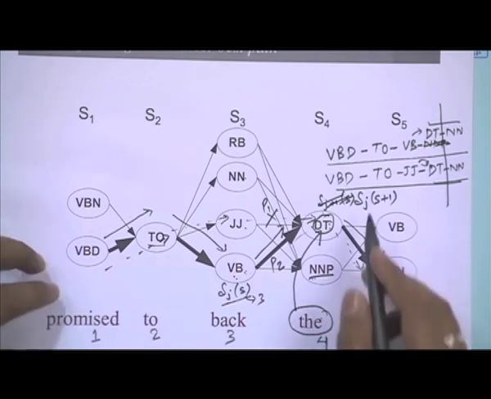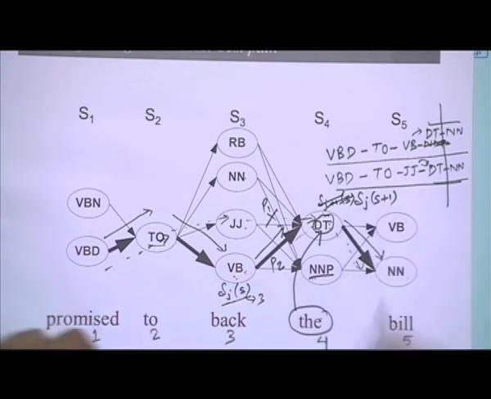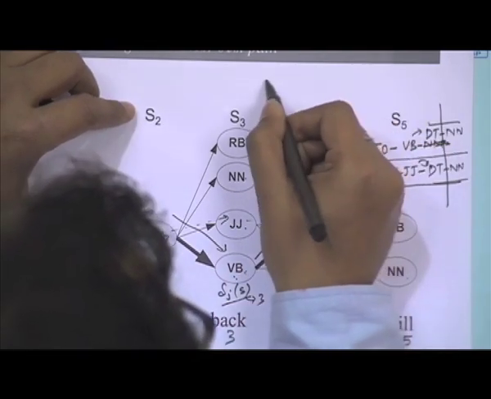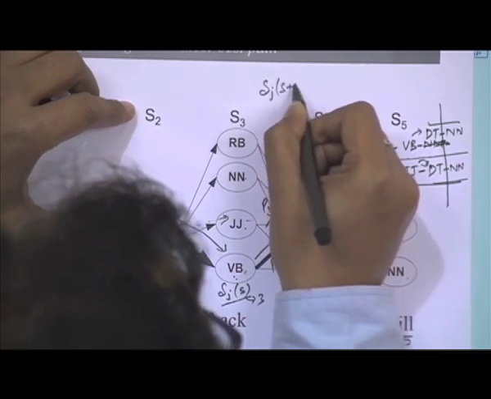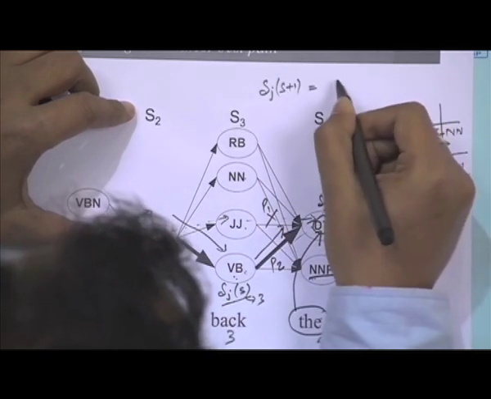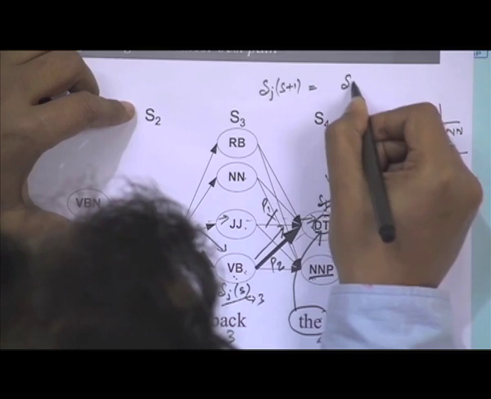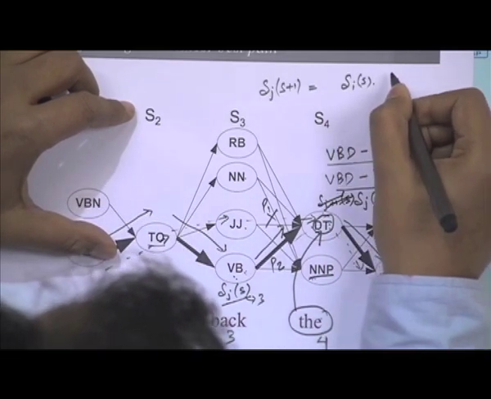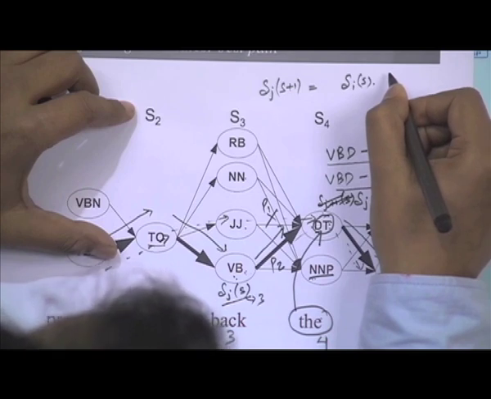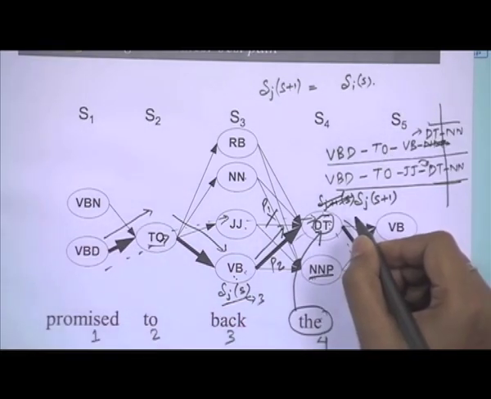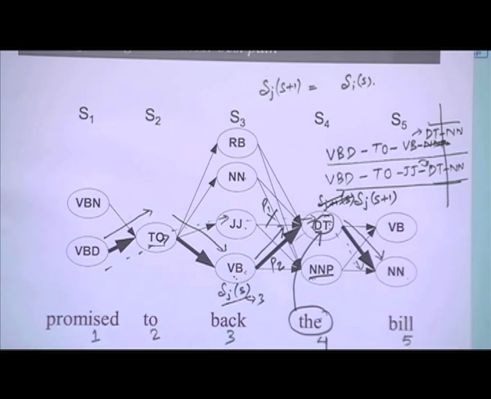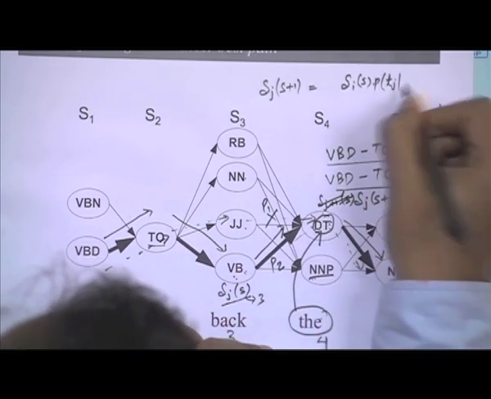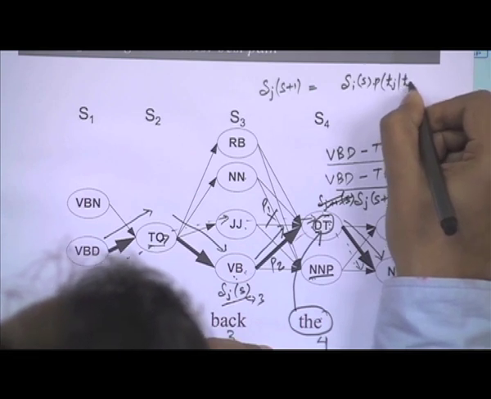So I can compute it: delta j s plus 1 is delta i s times the probability of this tag sequence, that is the probability of tag Tj given Ti.